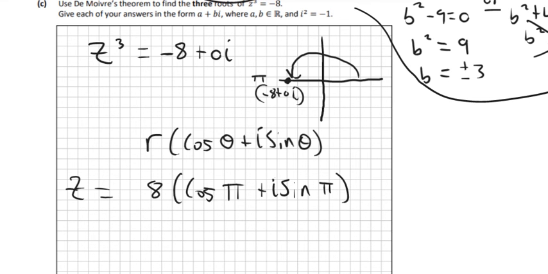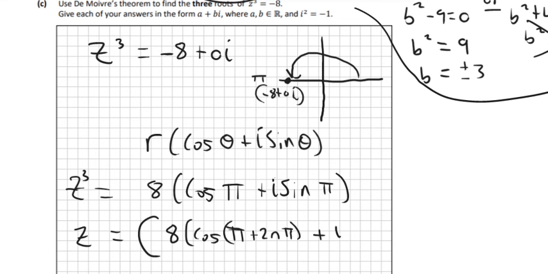Right, so we should have had Z cubed there actually. So Z then, it's going to be the cube root of all this, so it'll be 8 times cos of, and then we must put in plus 2n pi as well, because it could be another rotation around.